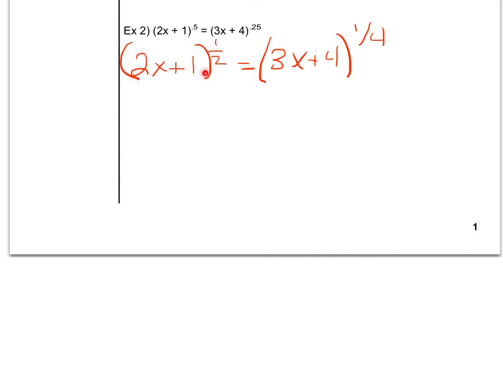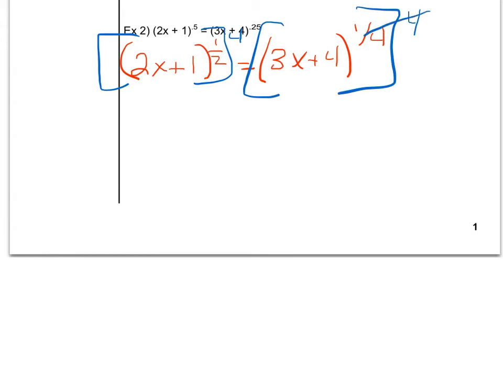If I squared this side, it would get rid of the 1/2, but over here it would reduce to 1/2, and I would still have a radical. So I'm going to pick the larger of the two denominators and raise both sides to the 4th power.